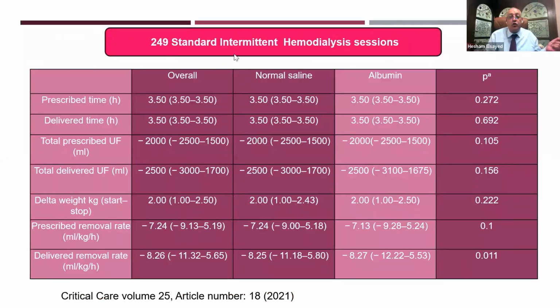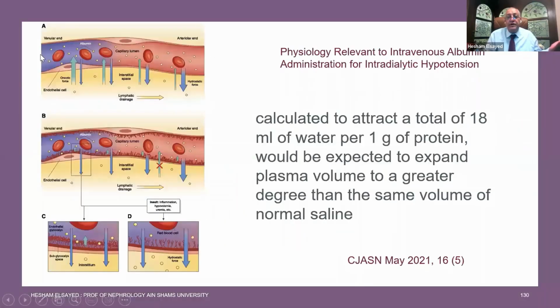So since all of that is important, consider giving normal saline or albumin in patients with hypoalbuminemia. Both of them could help in intradialytic hypotension without so much difference in the outcome. And intravenous albumin, how much could it attain? 1 gram of albumin given intravenously can draw 18 milliliters of water from the interstitial space.